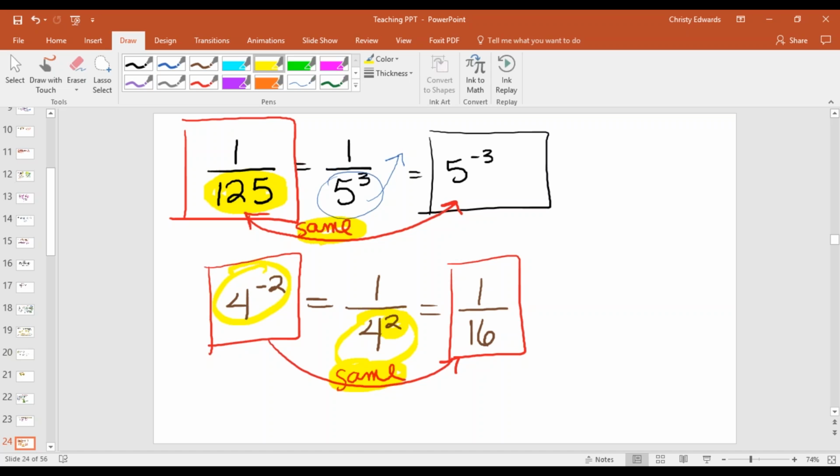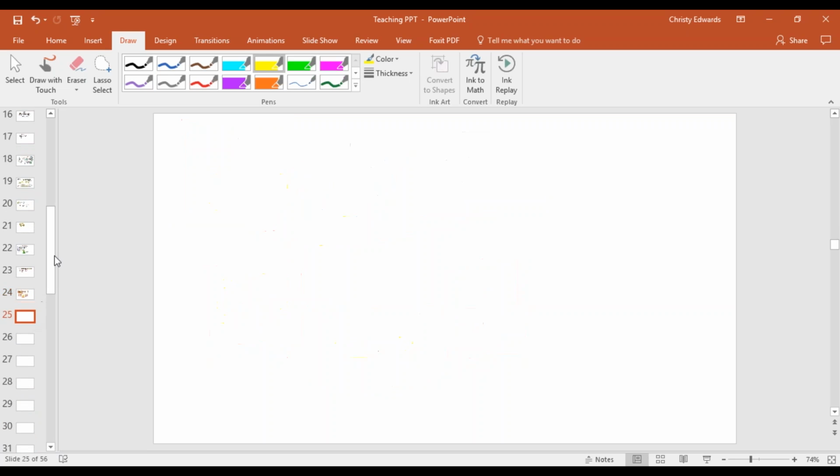Okie dokie. Let's do some powers of 10 stuff. That's what example 3 has us work on. Example 3 has us working with this teensy-weensy little hydrogen atom that's this big, 0.00.